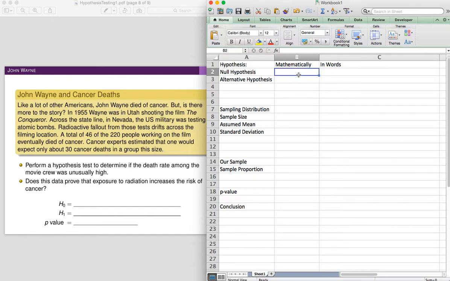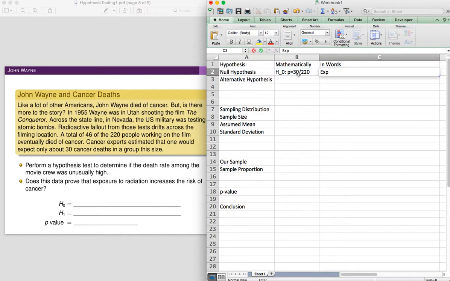So the null hypothesis is always a statement of what the masses believe. In this particular case, our null hypothesis would be that the true proportion of cancer is going to be 30 people out of 220. We're going to go with what the experts believe.